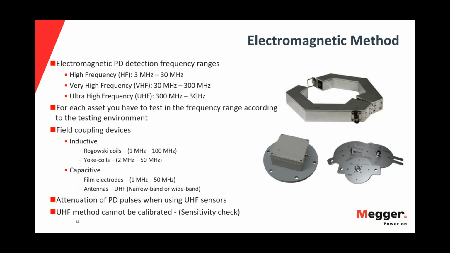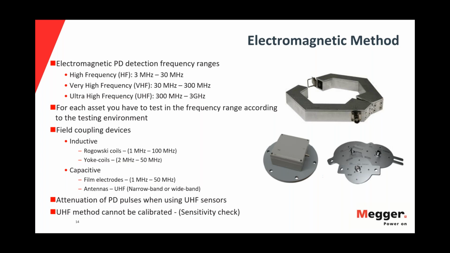The conventional method, as we explained before, involves a coupling capacitor and direct connection to the terminals of the object under test. The unconventional method means indirect measurement, where we don't connect directly but measure the effects and emissions resulting from the PD.